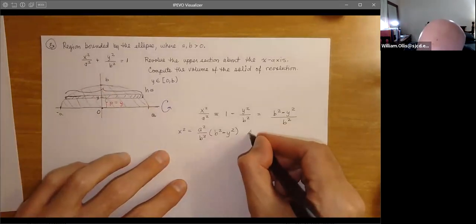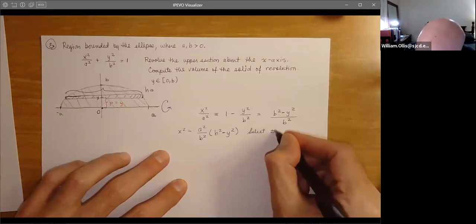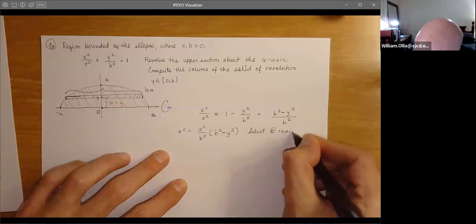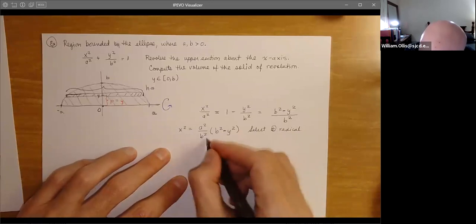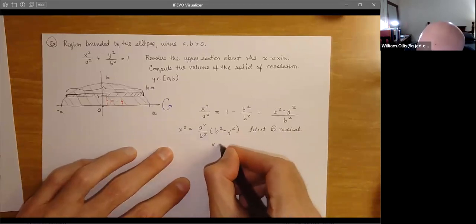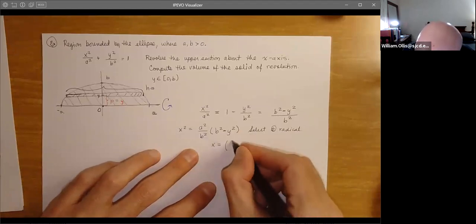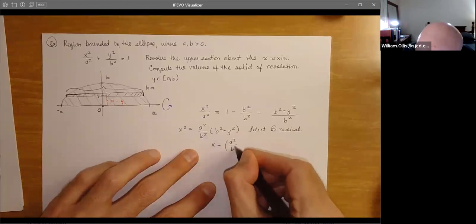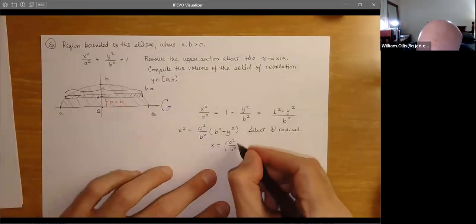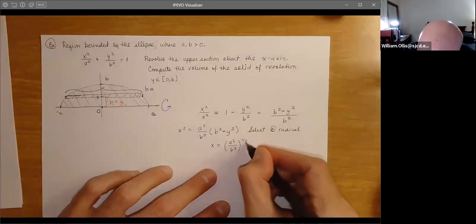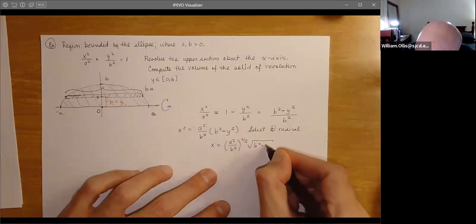So we'll select the positive radical. And so now this will give us x equals, in this particular case, a squared over b squared, and then the radical b squared minus y squared.